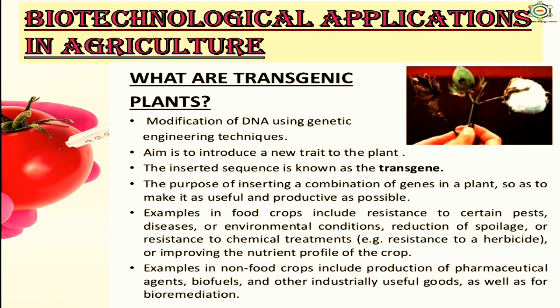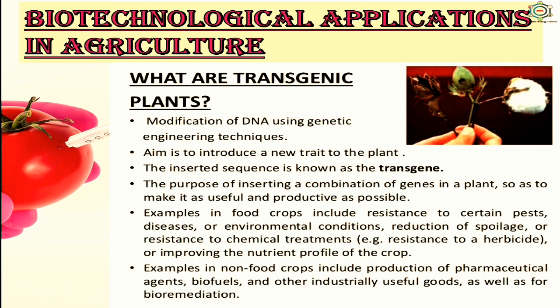Before this, what are transgenic plants? The modification of DNA using genetic engineering techniques aims to introduce new traits to the plant. The inserted sequence is known as the transgene. The purpose of inserting a combination of genes in a plant is to make it as useful and productive as possible.